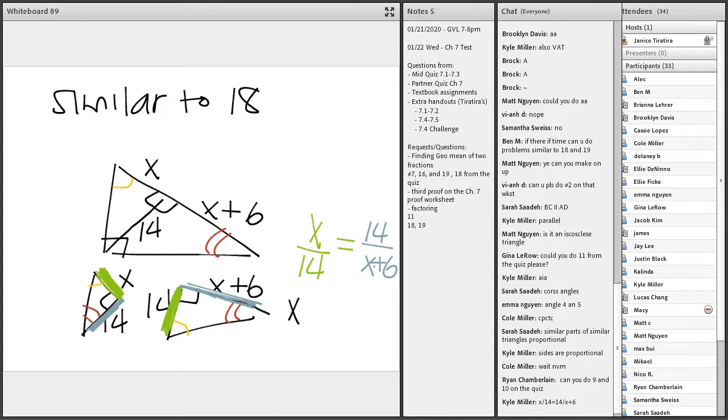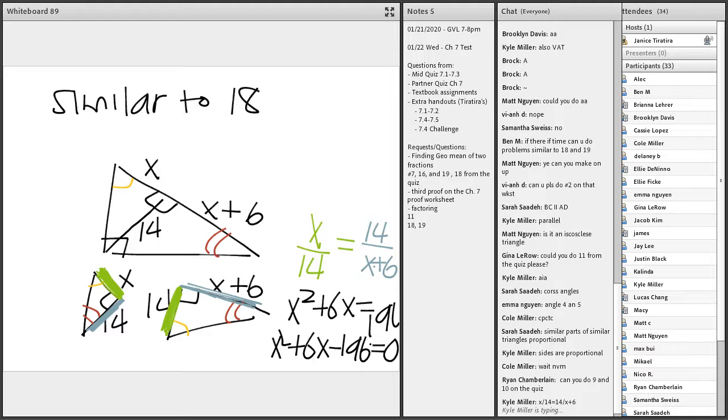So I get x squared plus 6x equals, I really doubt this is going to work, 196. When you subtract 196, you get this. And then you'll have to factor. But since I made this on the fly, I don't think it'll work. 196. 196 divided by 4. Yeah, I don't think it'll work.